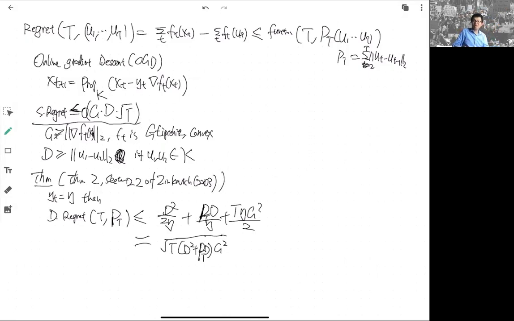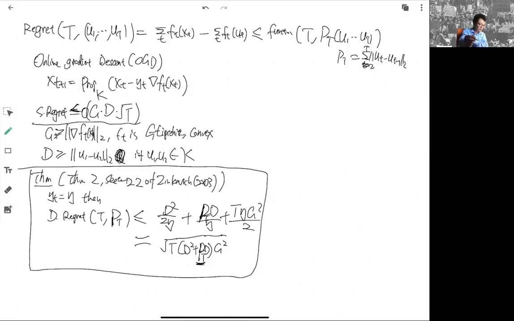Notice that the path length goes into the picture, and the dependence on the path length is square root of the path length. Suppose the path length is equal to 0, then this reduces to the static regret case, where you simply get GD square root of T. So we'll see how this works.